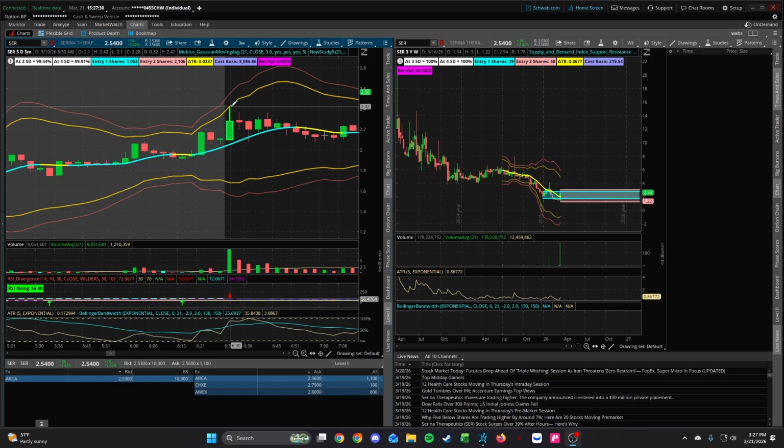But that's ATR in a nutshell, how I use it. I basically use it to determine my profit target and my risk, and use other indicators for actually entering the trade.